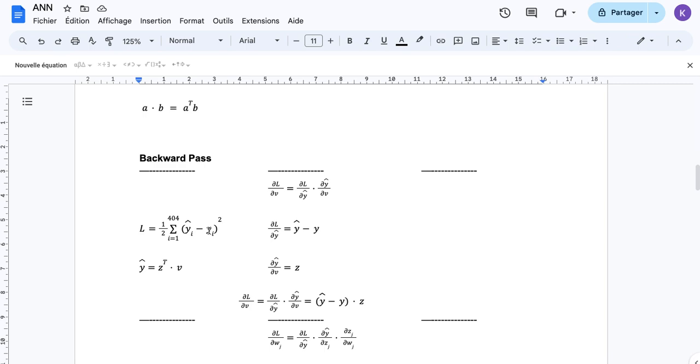Now, because the loss function is a scalar and the prediction vector is a 404 by 1 vector, we know that the partial derivative of the loss function with respect to prediction vector y hat should be a vector of shape 404 by 1.